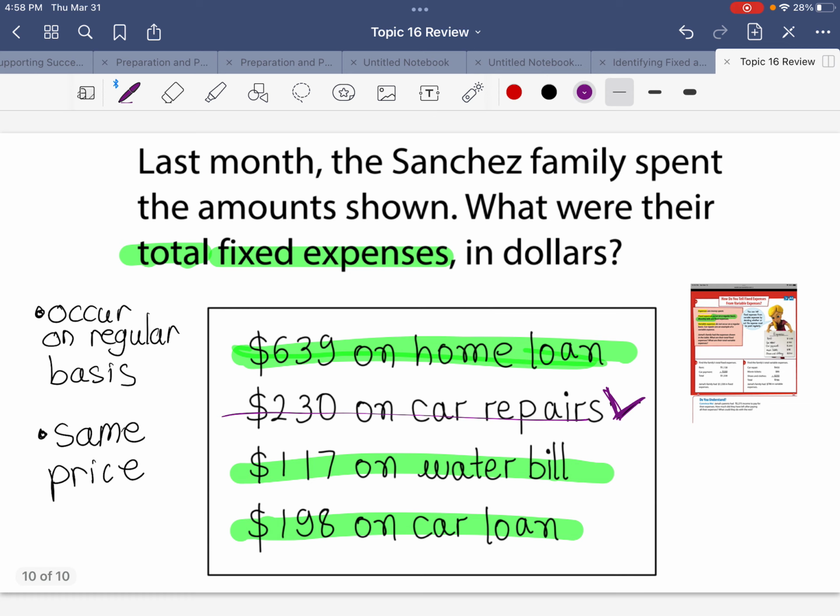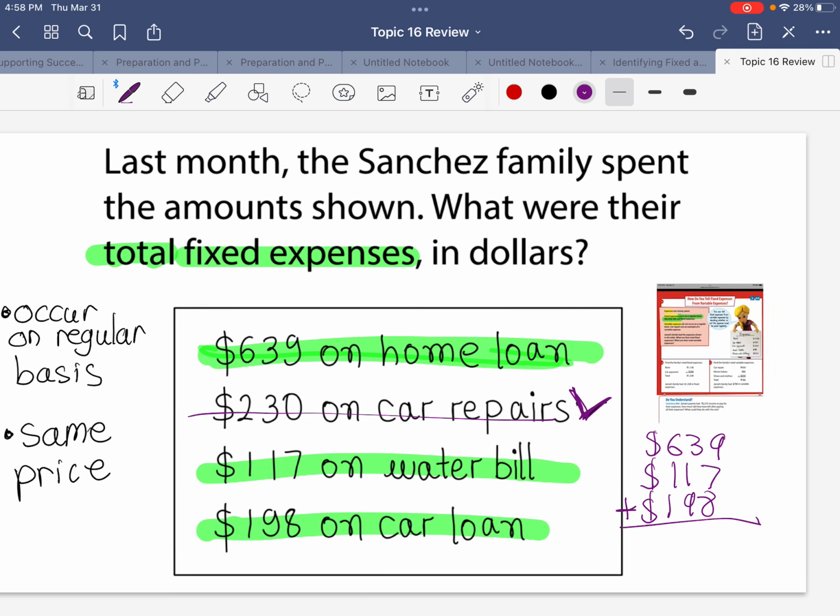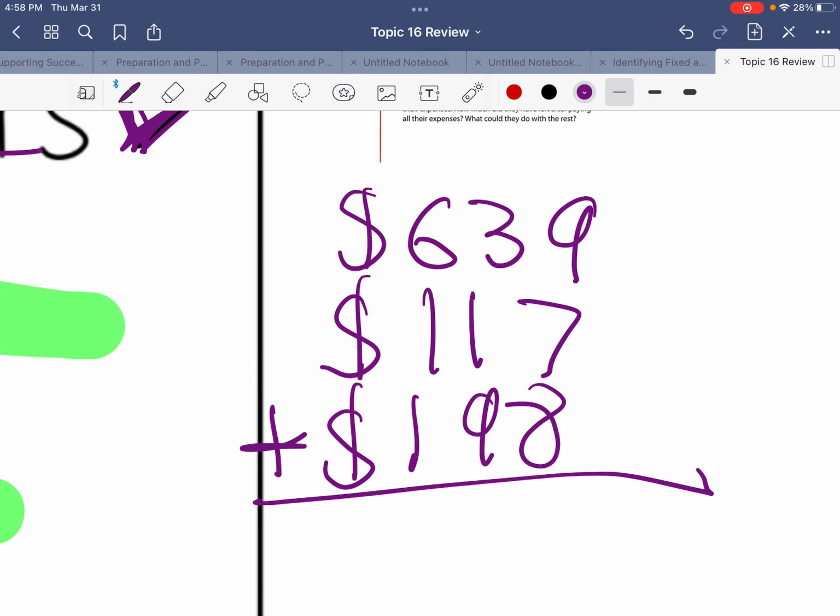Okay, so I'm going to add 639 plus 117 plus 198. Okay, you can break it apart or you can add them all at once. So 9 plus 7 plus 8 is 24. Carry my 2, drop my 4. 9, 10, 11, 12, 13, 14, 15.